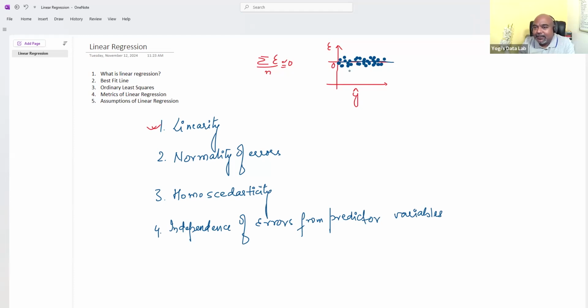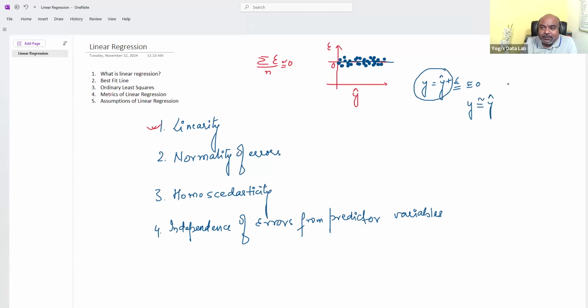What does this mean? It means that if my errors are approximately 0 throughout my predicted values, my average error is 0, which means if I look at y is equal to y cap plus epsilon, and epsilon is approximately equal to 0, which means that my y is approximately equal to y cap.